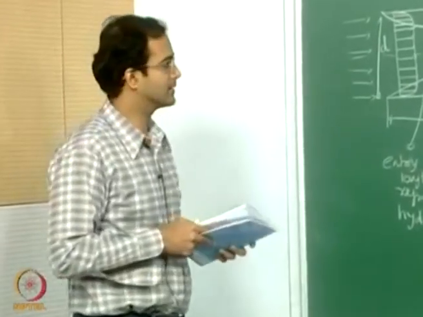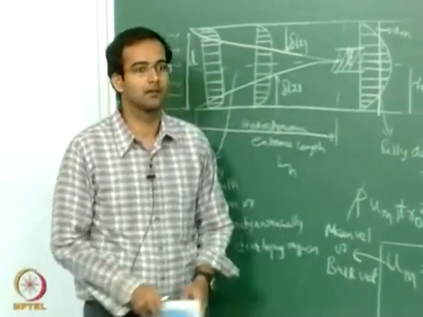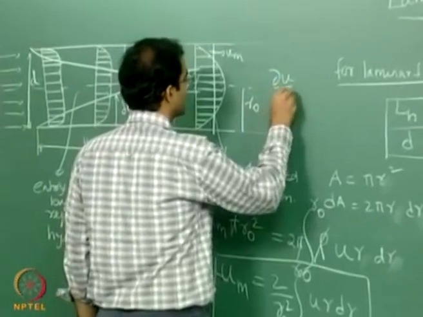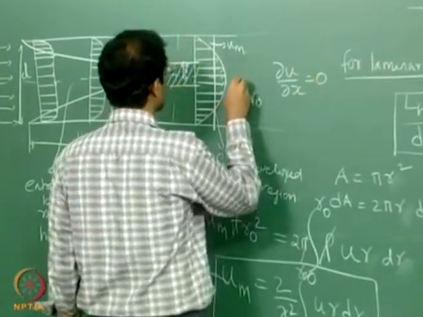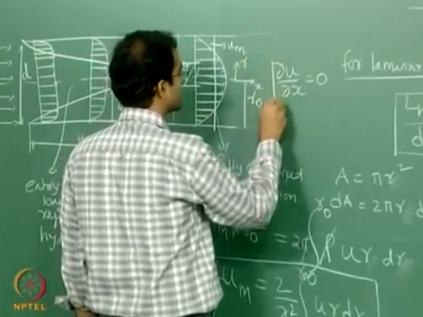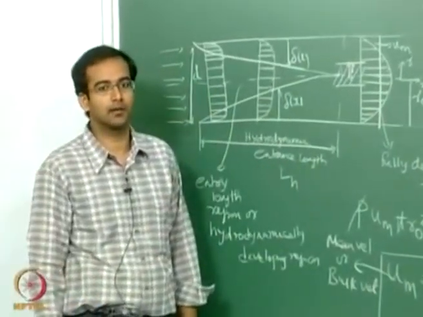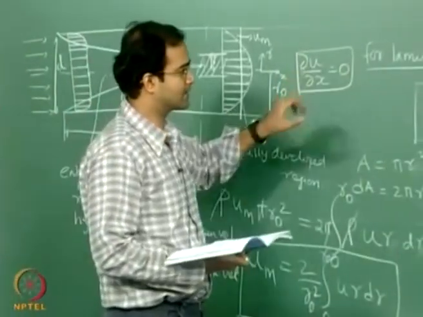How do I say that I am in a fully developed region? You look at the velocity profile. If the gradient with respect to the axial direction, x, with r as my radial direction, is 0, this clearly tells me that I am in the fully developed region. This is the criterion as far as the flow is concerned.